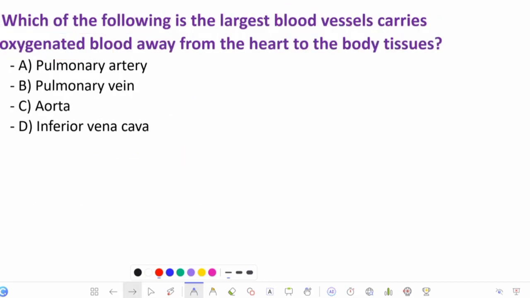Which of the following is the largest blood vessel that carries oxygenated blood away from the heart to the body tissue? So which one is the largest blood vessel which carries oxygenated blood away from the heart to the body? Number one, pulmonary artery, not at all.